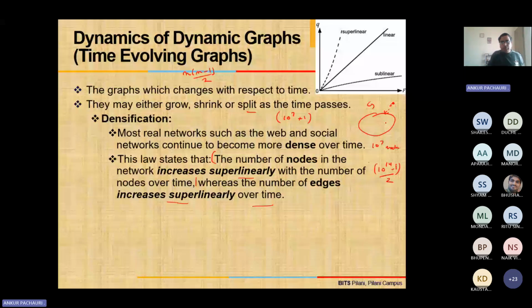So in the new graph, this is G and this is G prime. G had 10 to the power 7 nodes with certain edges, which I assume to be complete. If I add a new node and I want my graph to be complete, I will have to add 10 to the power 7 new edges.